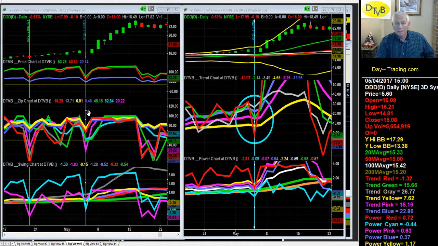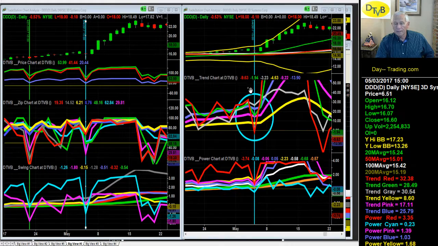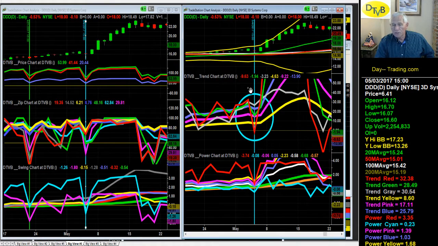Today, zip red is at that 67 mark, with zip yellow at 74. So this day, we pushed the trend red: yesterday it was at 32, and today it's at -1. And that's a pretty significant move for trend red, 33 points in one day.